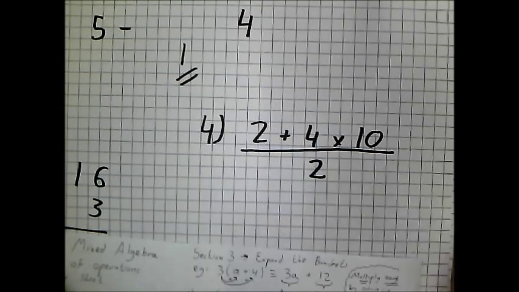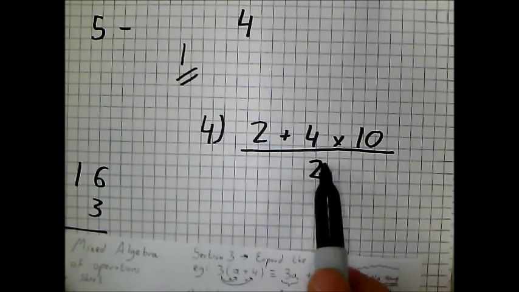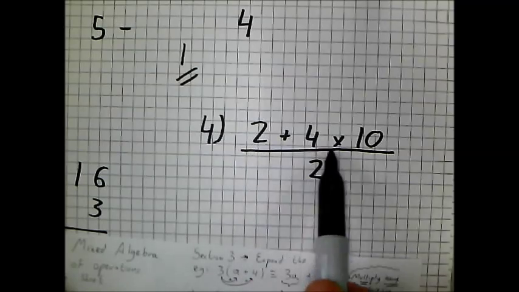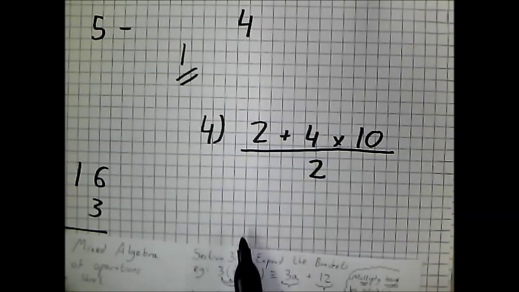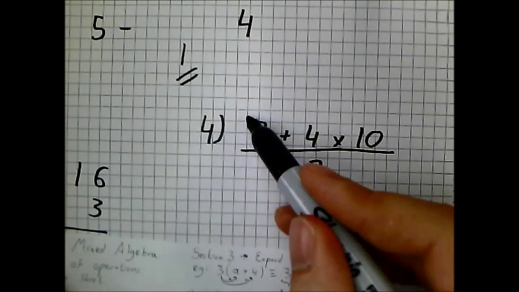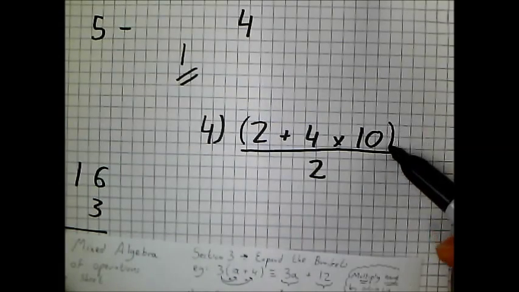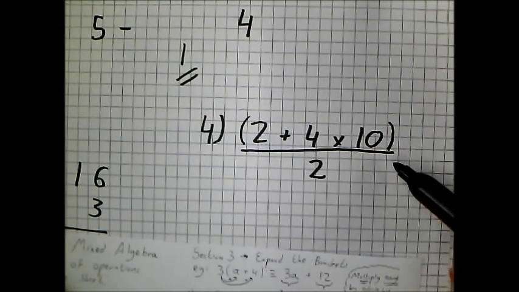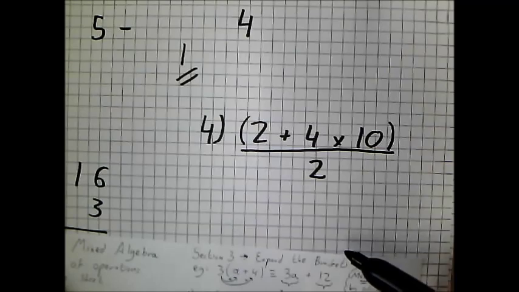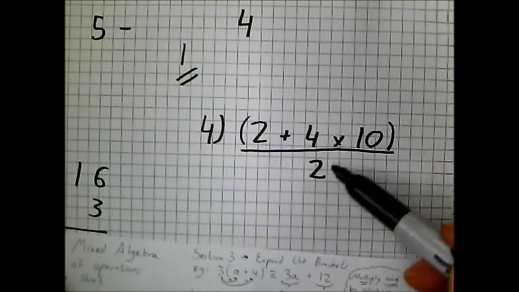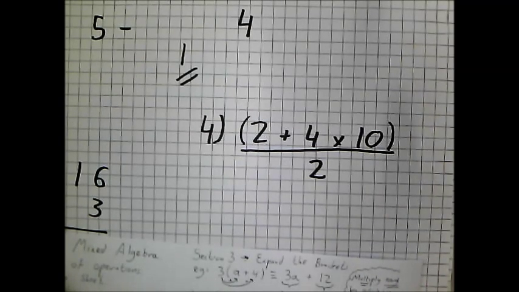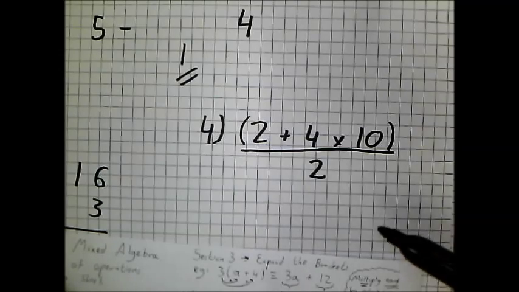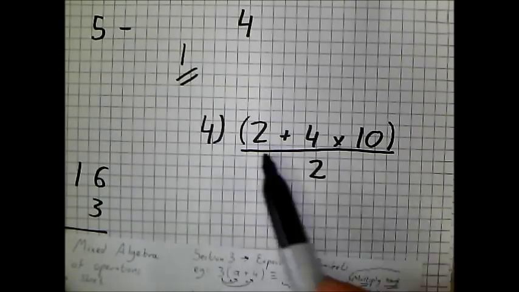It looks like a fraction, and it is a fraction, but it also acts as a divide sign, and that means everything on the top is divided by 2. So there's invisible brackets, if you like, around here, because it wants everything on the top to be done first before we divide. Now, there is something else you can do with this, but we're not going to go into too much detail with that. That comes later on in the course.